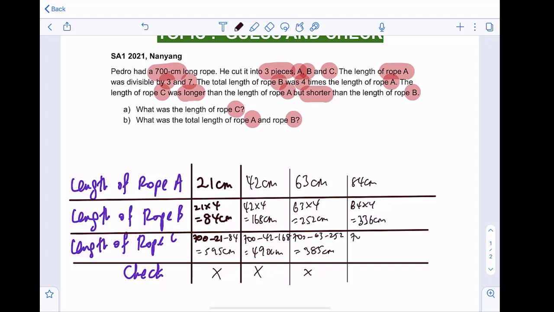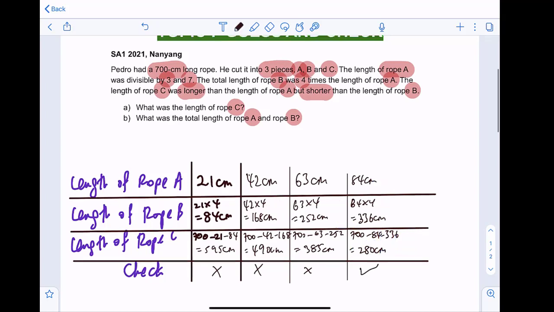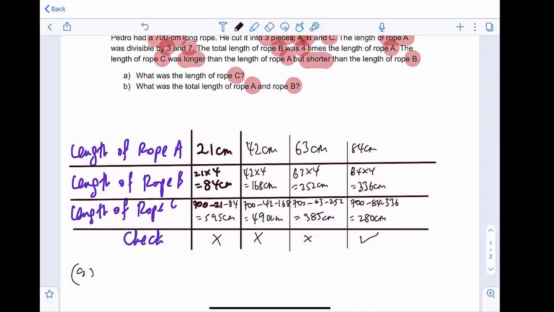And for C, we do a subtraction. 280 cm, and this is our winning combination because C is now longer than A and also shorter than B. This is tick. So what was the length of rope C? That will be 280 centimeter.